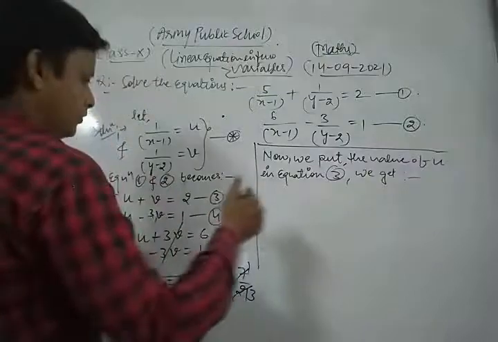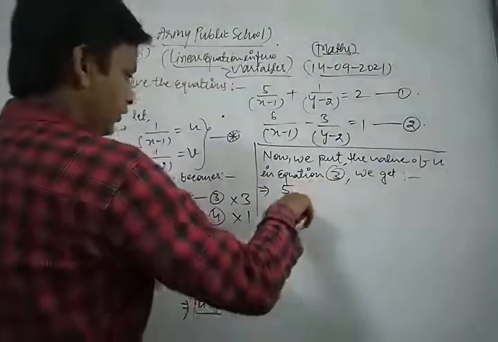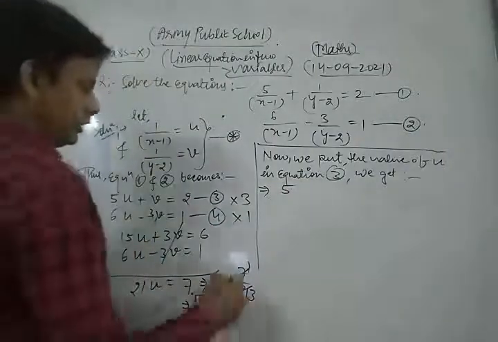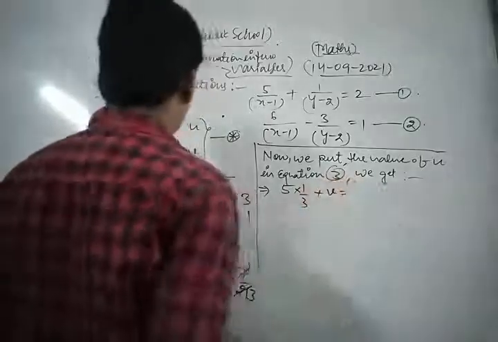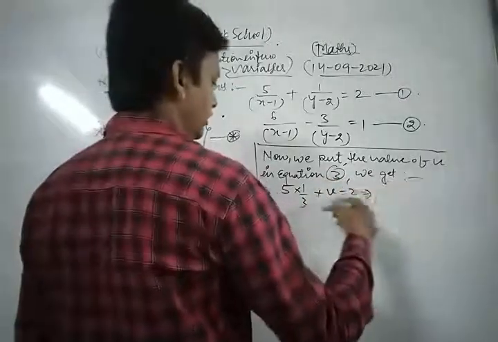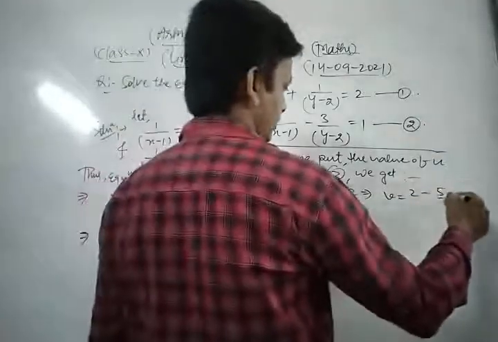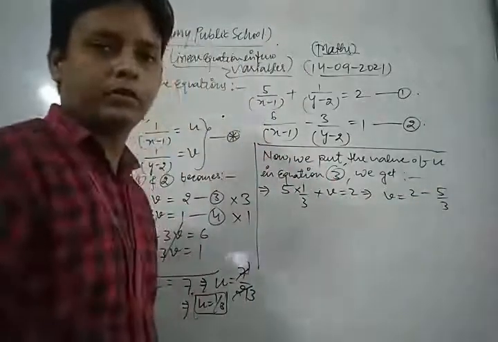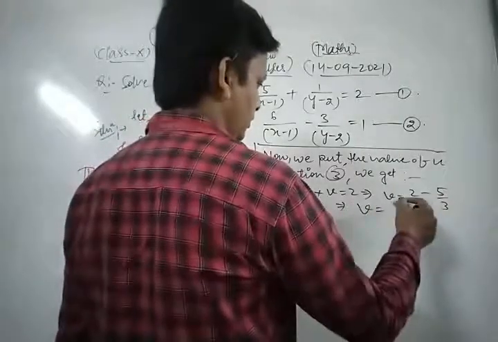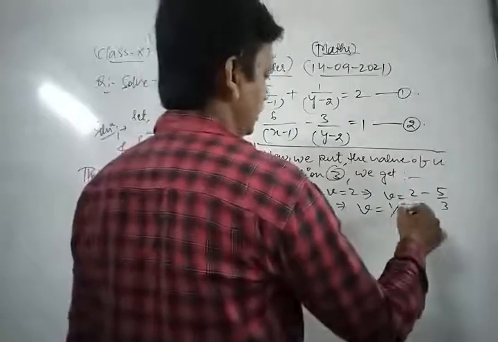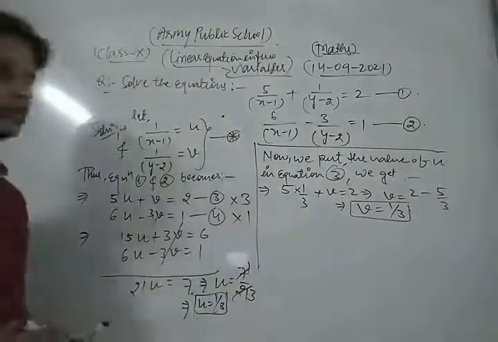We get 5u, and the value of u is 1 by 3, so 5 upon 3 plus v is equal to 2. So from there v is equal to 2 minus 5 by 3, so v is equal to (6 minus 5) upon 3. This is 1 by 3. In this way the value of v is 1 by 3.